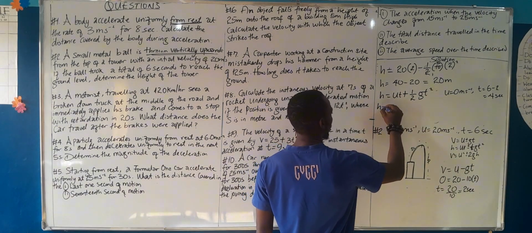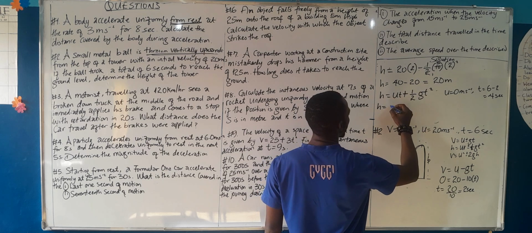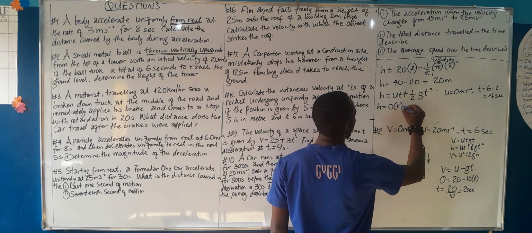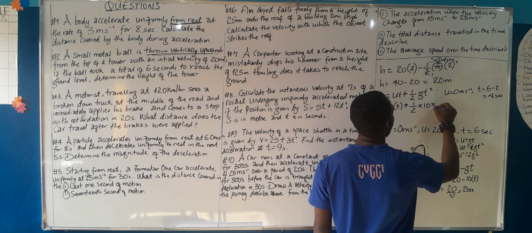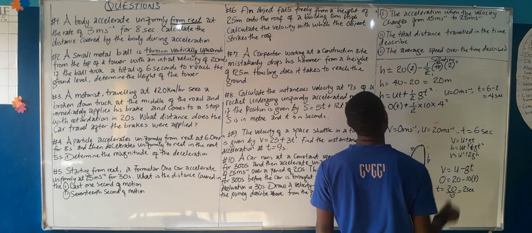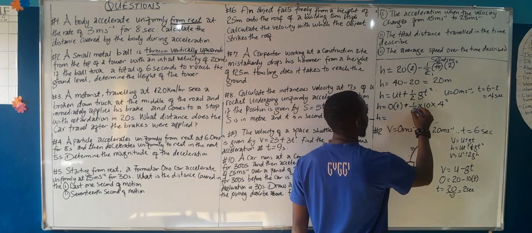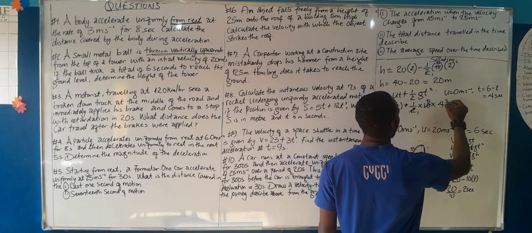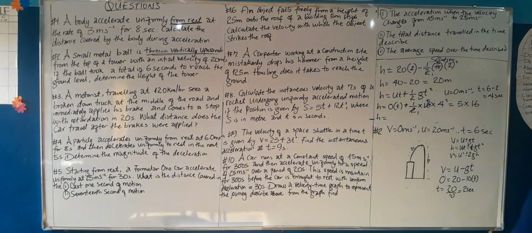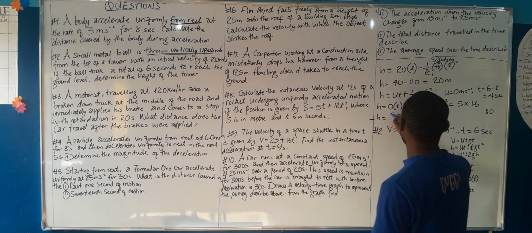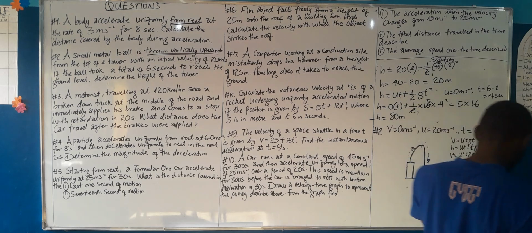So B equals 0 times t plus half times 10 times 4 squared. So B equals 5 times 16, which is 80. So everything here is 80 meters.